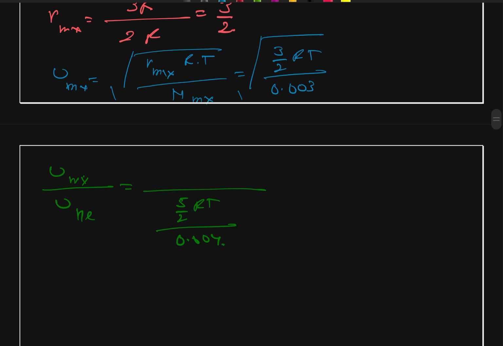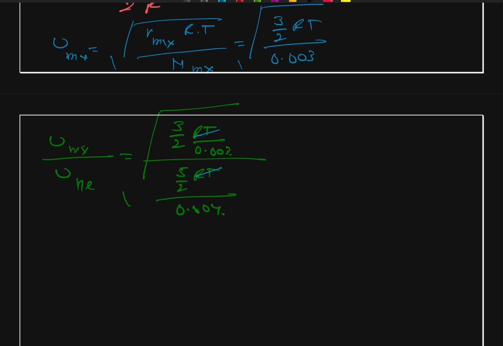This RT and RT cancels out, and we can write this as 3 into 2 multiplied by 0.004 over 5 into 2 multiplied by 0.003, all under the square root.